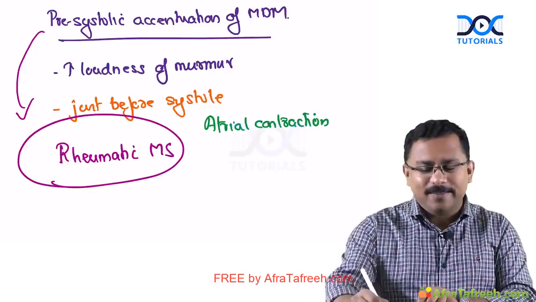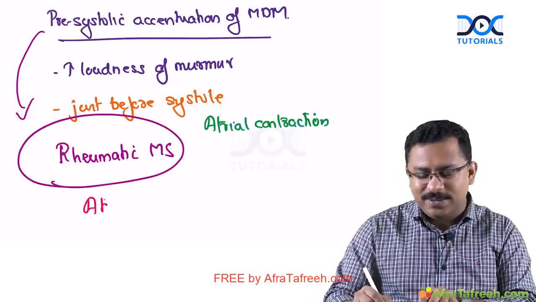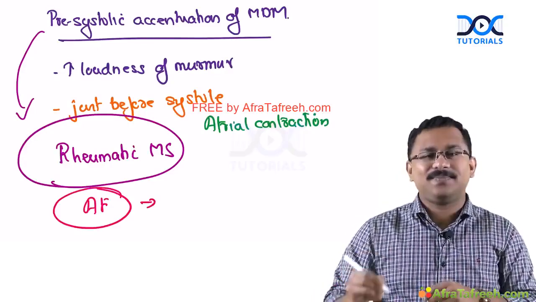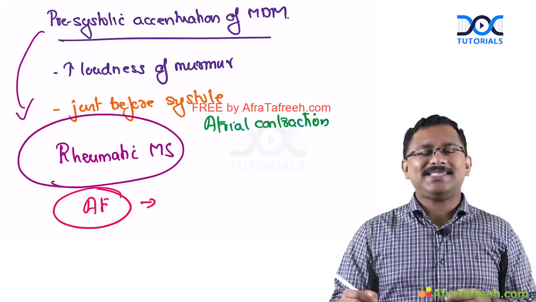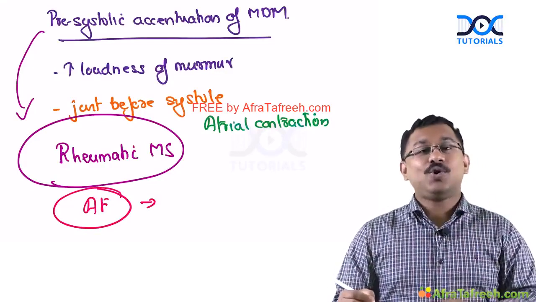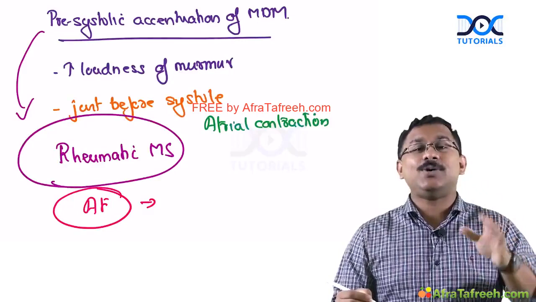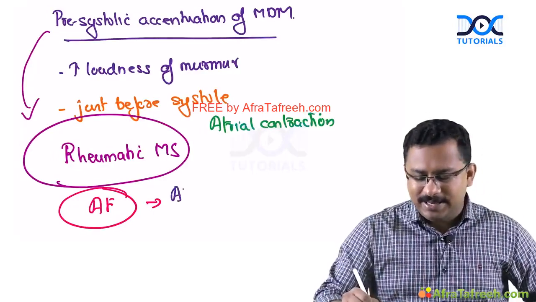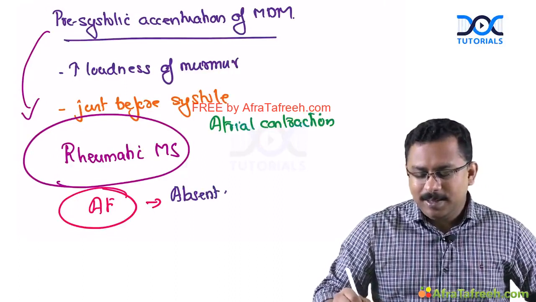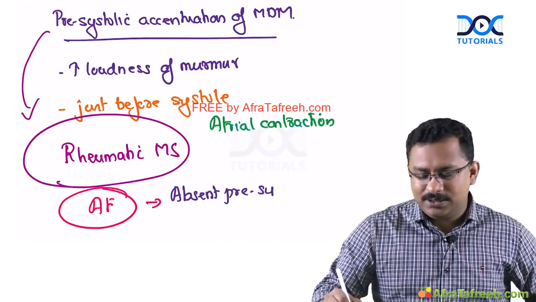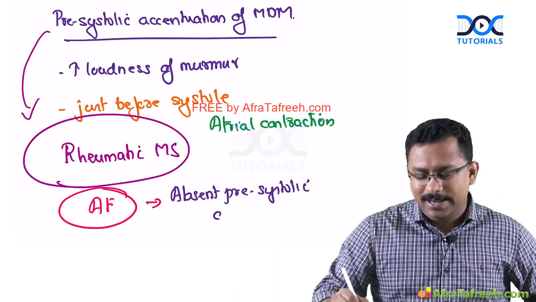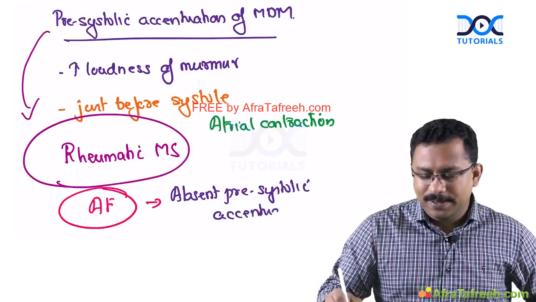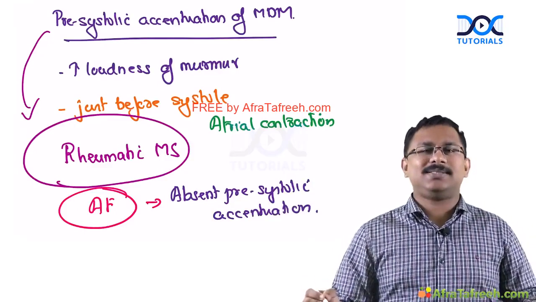Now tell me, what will happen if the individual has atrial fibrillation? Will this atrial contraction happen? No. So will there be any pre-systolic accentuation? No. So if you have atrial fibrillation, there is absent pre-systolic accentuation.